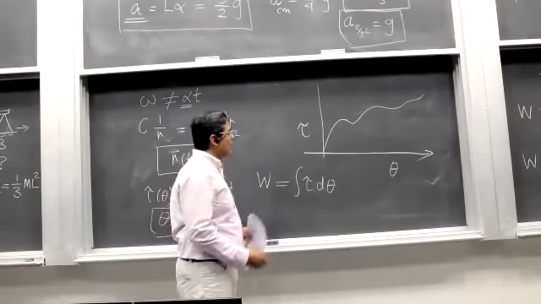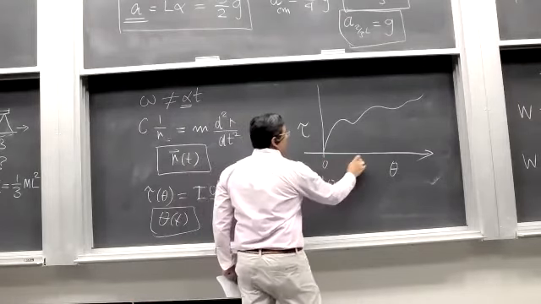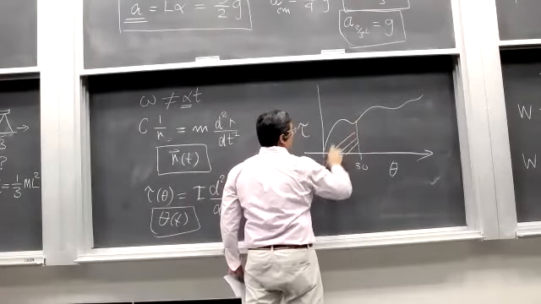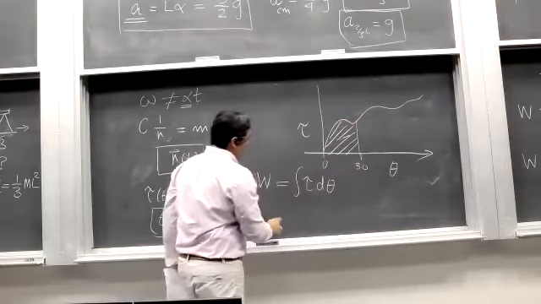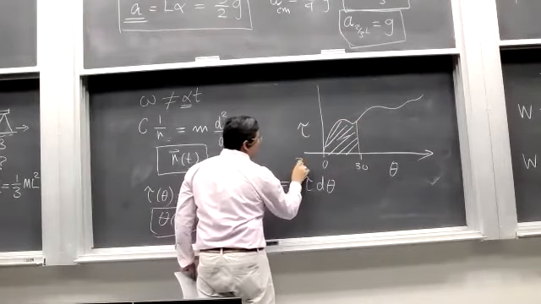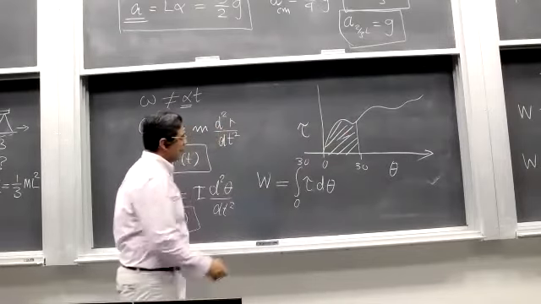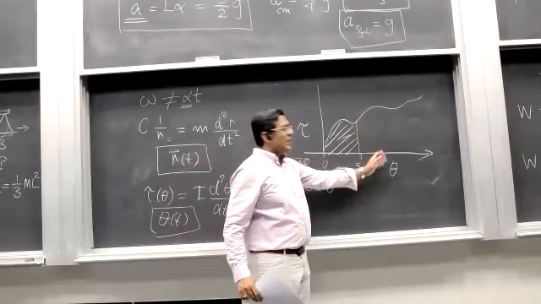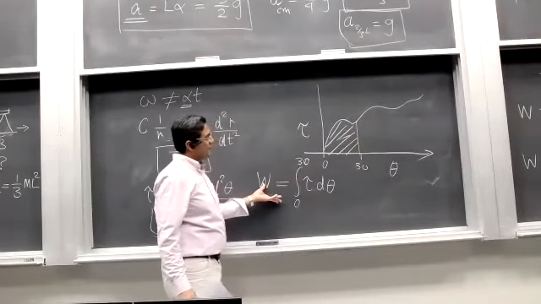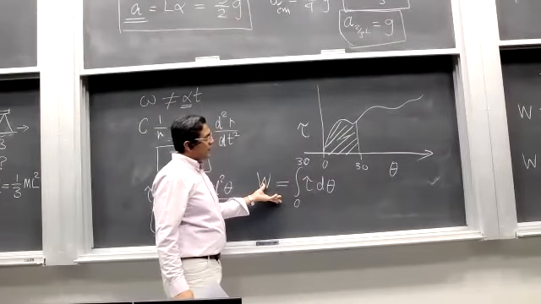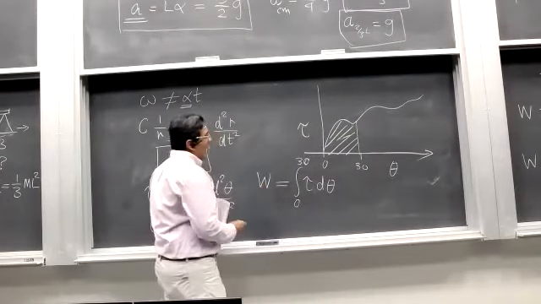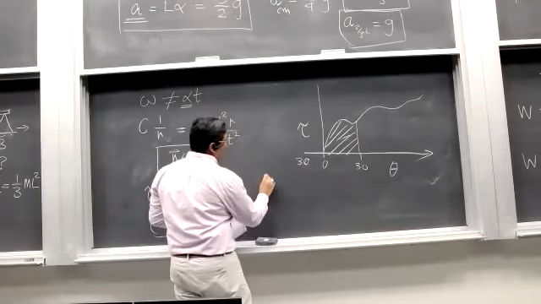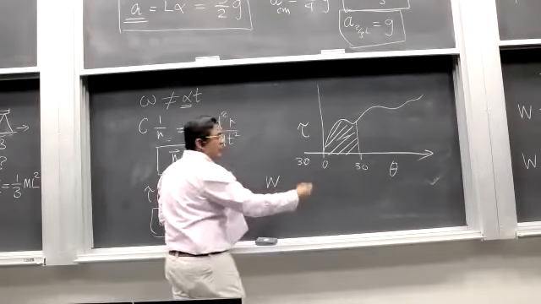If I define a definite limit from 0 to 30 degrees, then this would be the area under the curve, and I would know the answer from 0 to 30. I'll get a numerical number. If I choose the final limit to be 60, I'll get another numerical number here. So what I want to do is figure out a general answer for omega, which depends on theta.